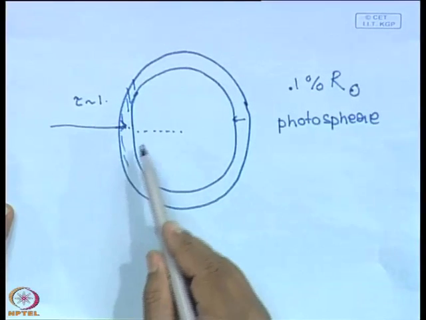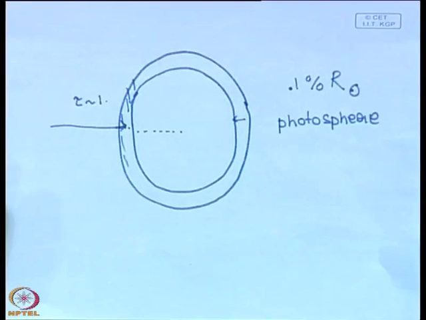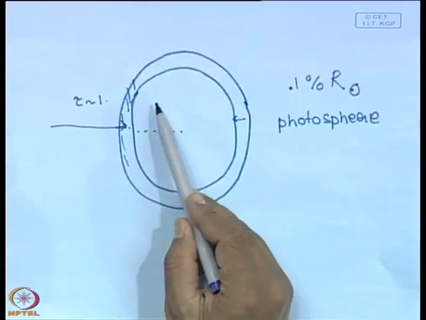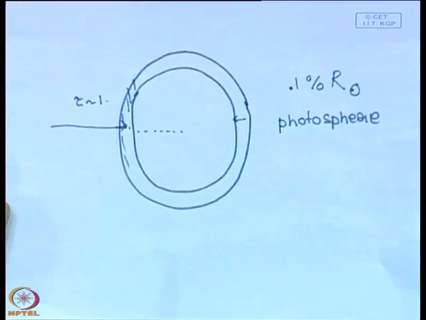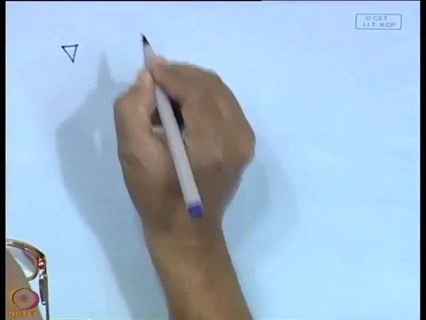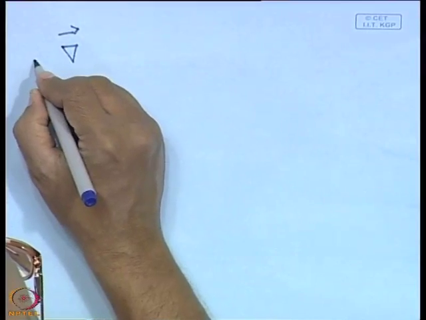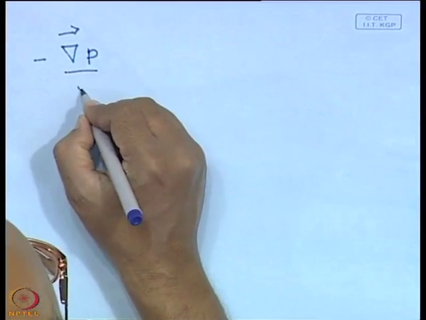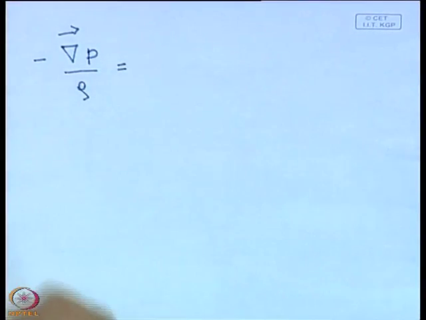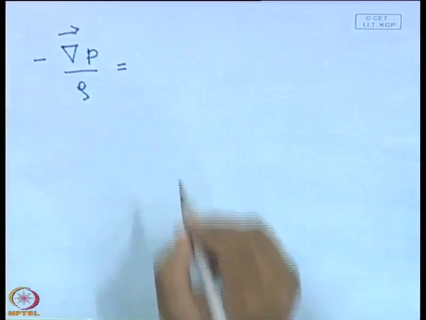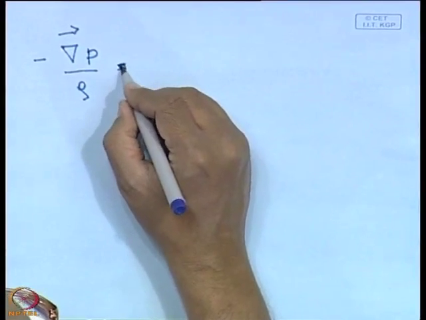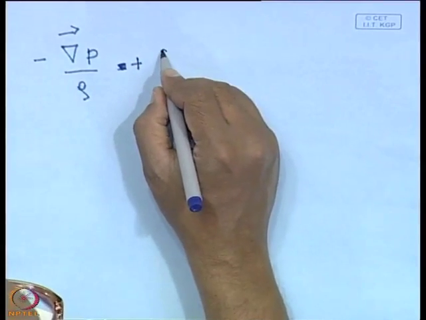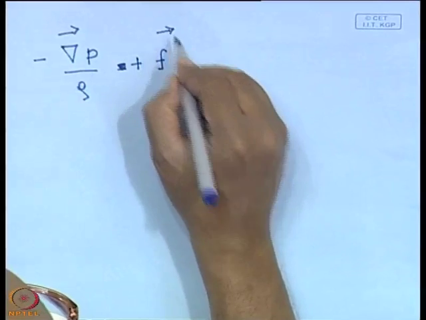We have written down the fluid equations, if you remember, and in the situation used to describe hydrostatic equilibrium, the equations are quite simple. In hydrostatic equilibrium, the pressure gradient divided by the density, plus the force per unit mass F, should be balanced.